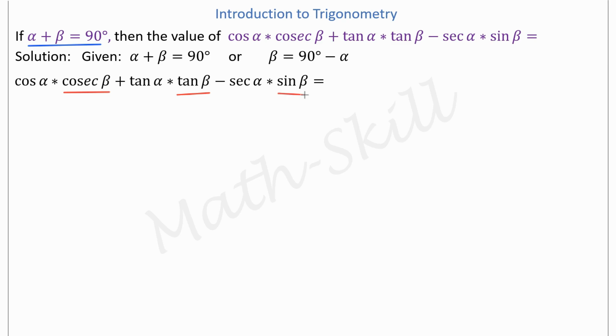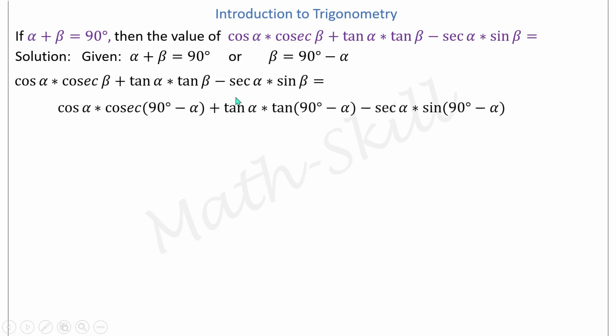Let's replace beta by 90 minus alpha. The terms cos alpha, tan alpha, and secant alpha remain as they are, whereas cosecant beta is replaced by cosecant of 90 minus alpha, similarly tan of 90 minus alpha and sin of 90 minus alpha.